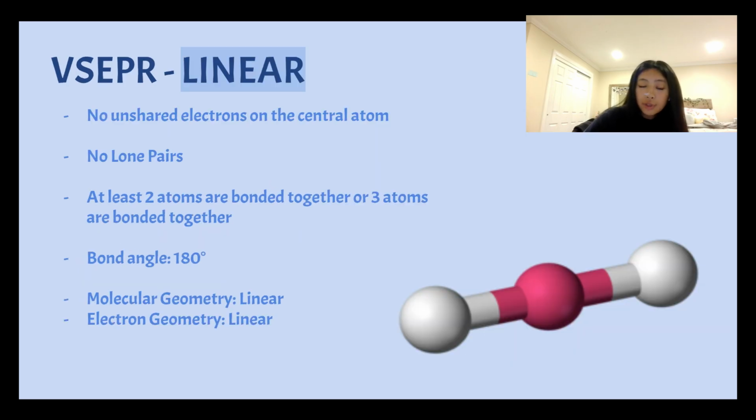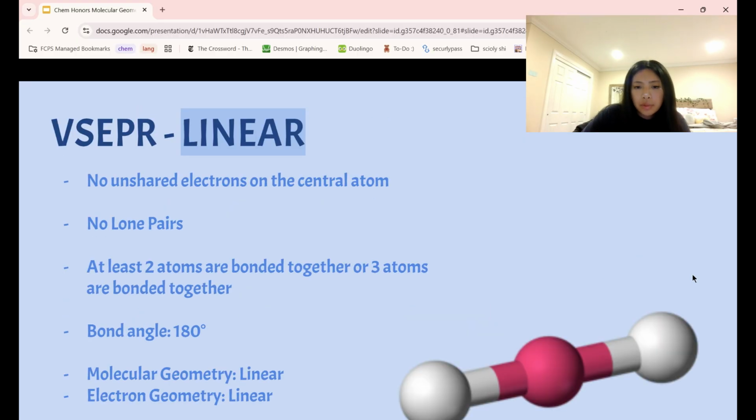Okay, the first shape is linear. Linear electron geometries occur when there are no lone pairs on the central atom.